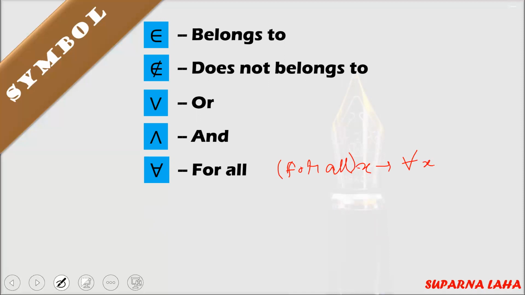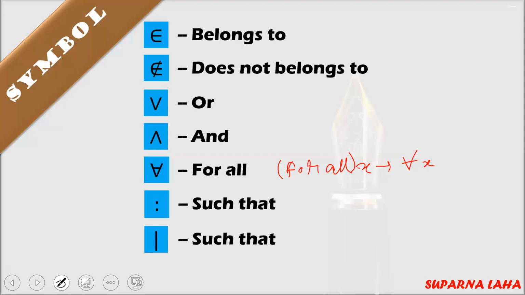We also use this symbol when we use this one. You will learn how to use this one. Next, this is the sign of such that. You already know that. This also means such that. And this is the symbol of the null set. Today we will discuss the null set, but here this is the symbol of the set.